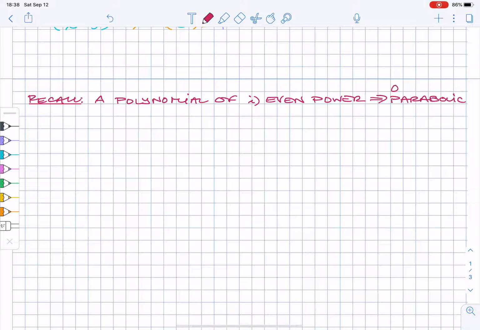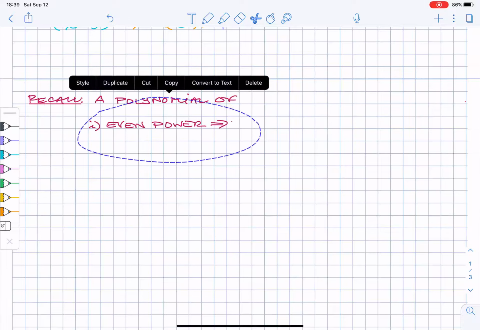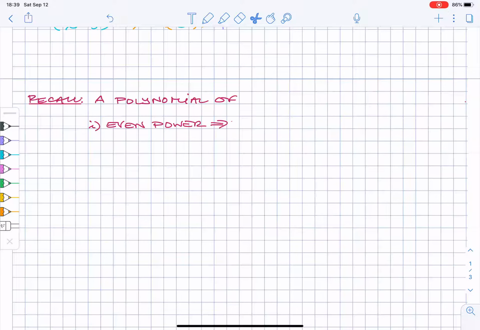So I should say overall parabolic, meaning the end behavior is parabolic. That sounds better. In which case I'll need more room, so let's move this down here. So even power implies overall parabolic end behavior.